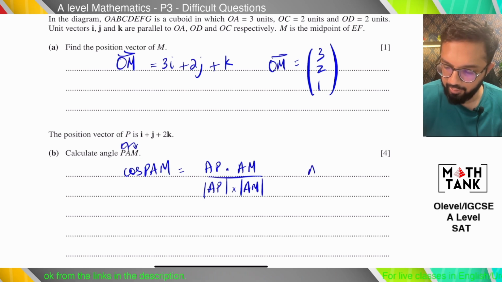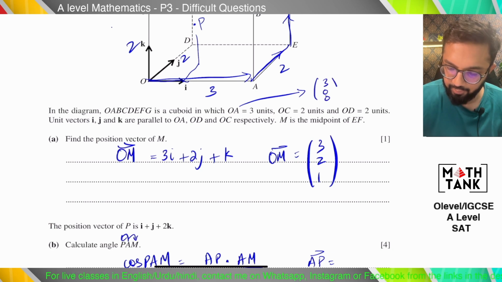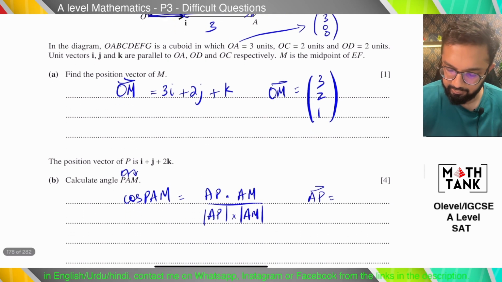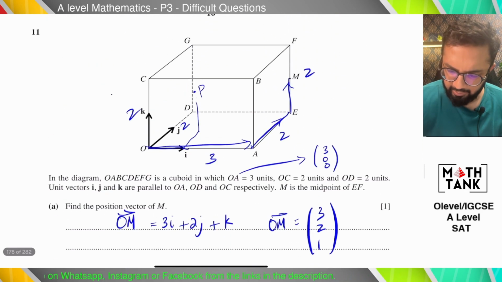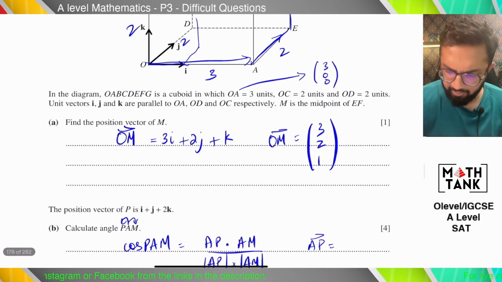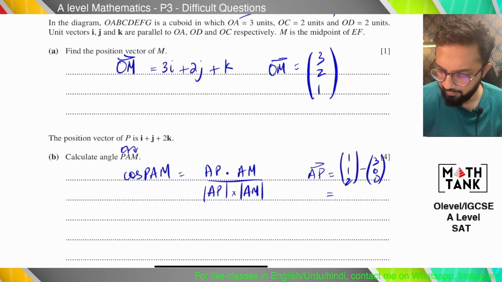Okay, so AP is OP minus OA. OA is just 3, 0, 0. I could just travel from A to P as well, but let's just do AP. OP minus OA, so 1, 1, 2 minus 3, 0, 0. So that's minus 2, 1, and 2.